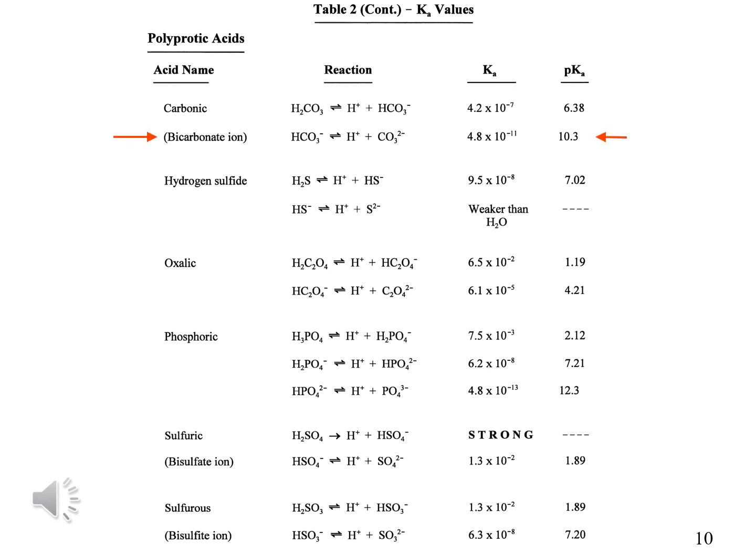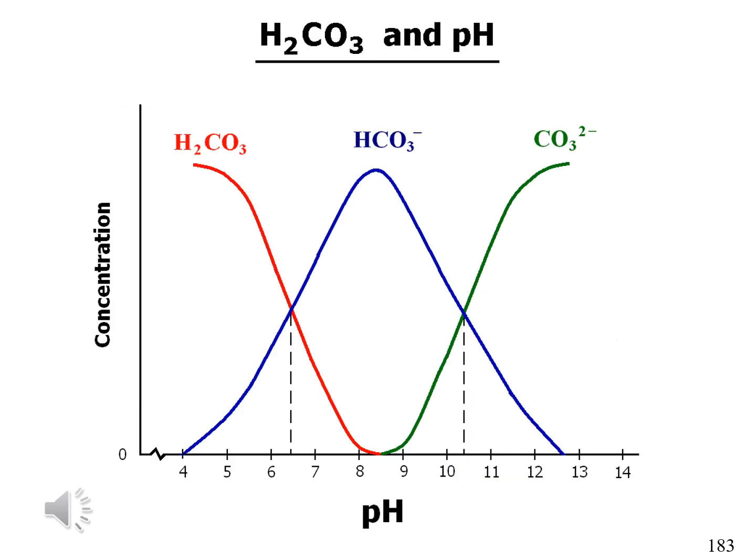They become equimolar at a pH around 10. If you continue then to raise the pH, you can pull all of the second H off, and the solution will only contain CO3 2- by itself.